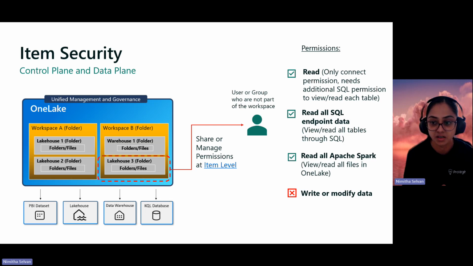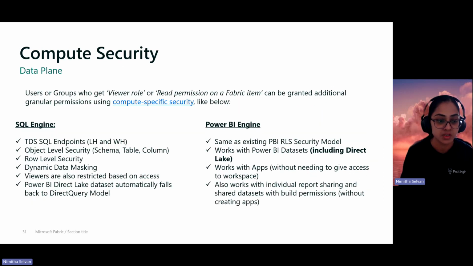For example, read all SQL endpoint, or read all Apache Spark to restrict access via the Apache Spark pools. Apart from the workspace and item permissions, you have something called compute permission. You can also set permissions within a specific compute engine.